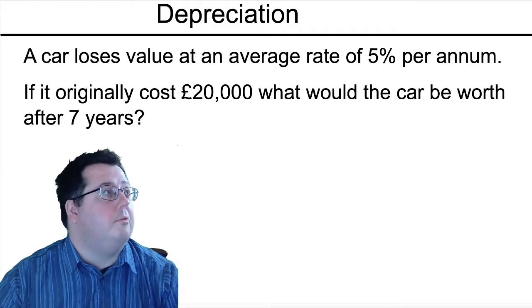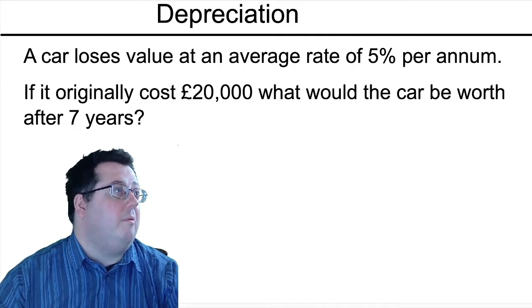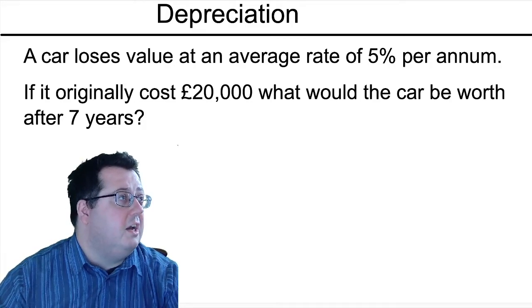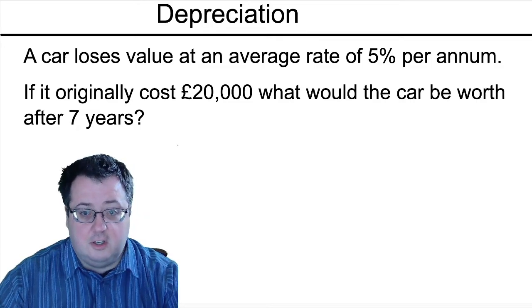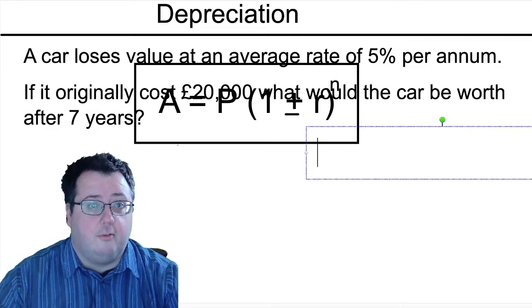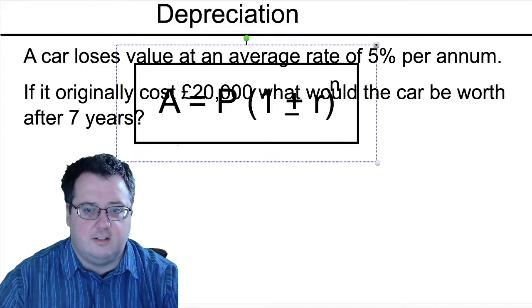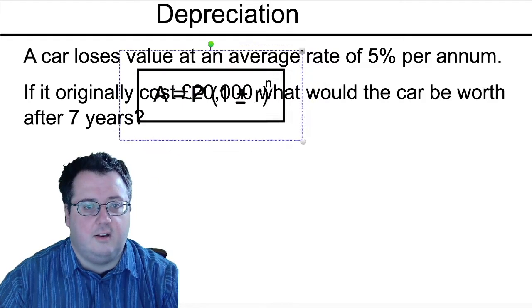And it is a depreciation question. A car loses value at an average rate of 5% per annum. It cost £20,000 originally. What would it be worth after 7 years? So we need to try and remember our formula, which I've just dropped in there. Let me try and correct it so that it's not over the question and it's visible.